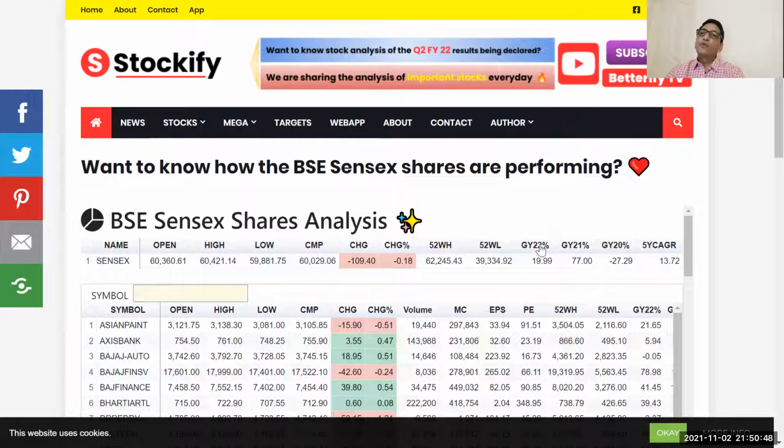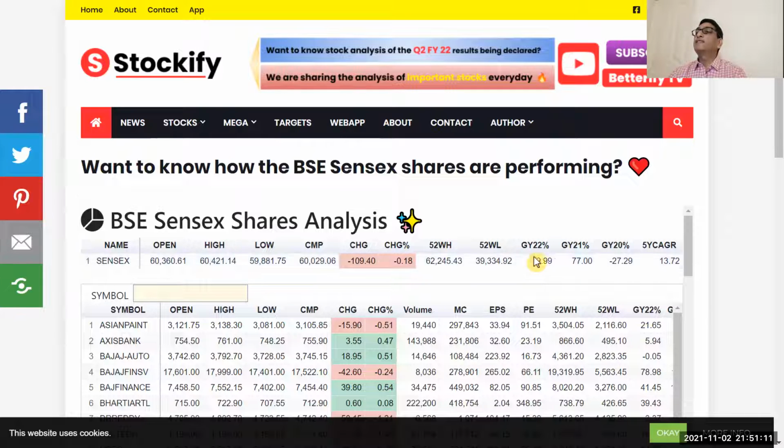What is the growth of this index during the financial year 22? Let us say we are in October end, and we have just entered November, the new month. So it is from 1st April of this current financial year till date. So during the financial year 22, what is the increase?